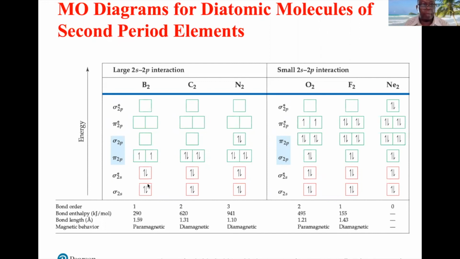Paramagnetic means in the molecular orbital diagram for that molecule, we have unpaired electrons. If all of them are paired up, we say diamagnetic. This one is paramagnetic because we have unpaired electrons. If I look at this, it is diamagnetic, all of them are paired. This one, of course, is a dash because the molecule does not exist.